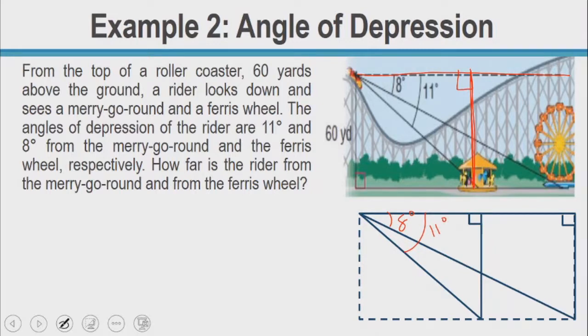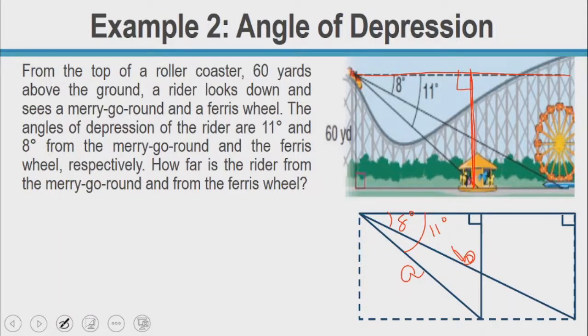We are looking for the distance of the rider to the merry-go-round, so this is the merry-go-round. We are looking for this distance A, and then this distance B, which is the distance to the Ferris wheel. So we are looking for two distances.